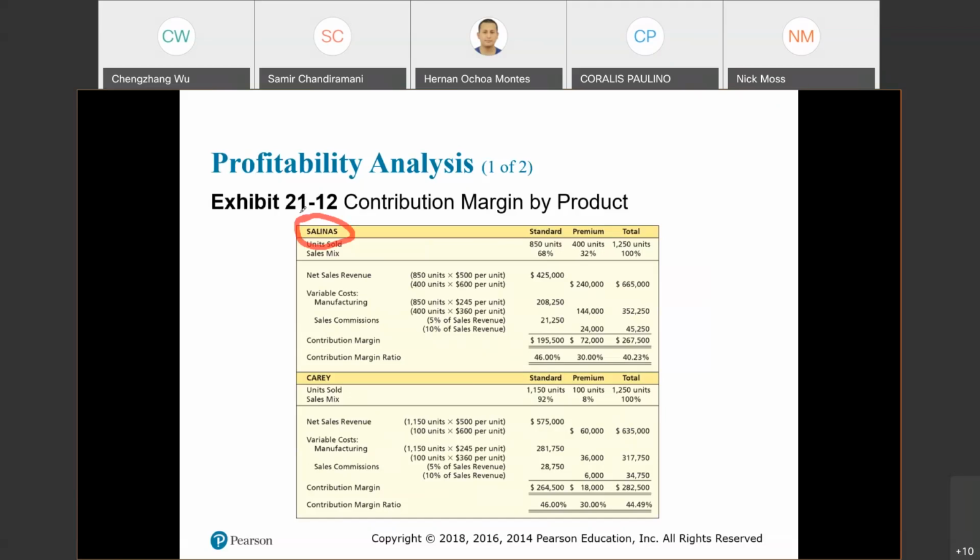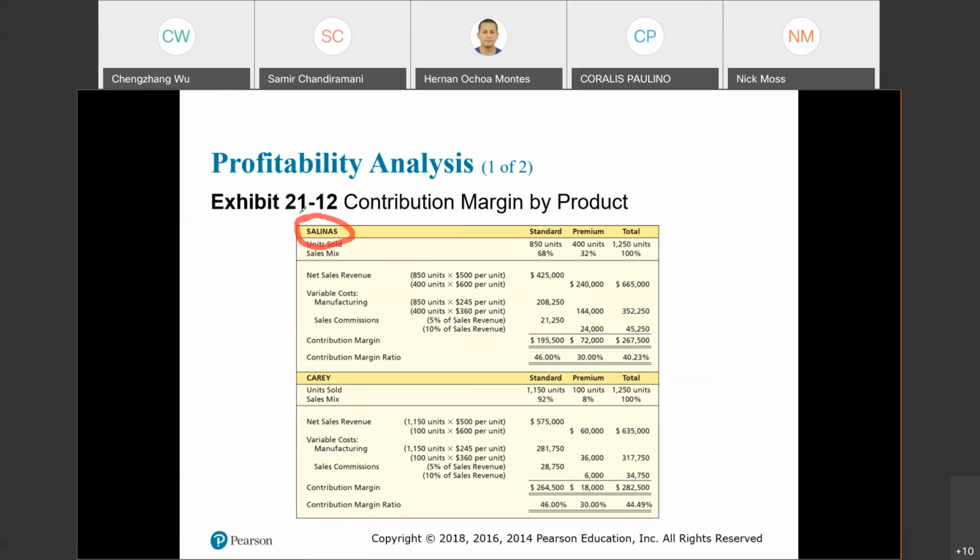The more detailed statement is shown in this slide. It shows how the sales mix of each representative affected the total contribution margin.